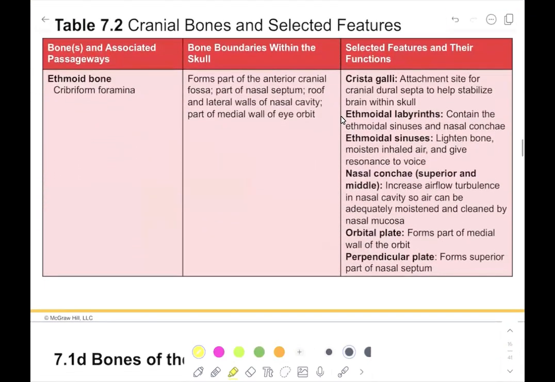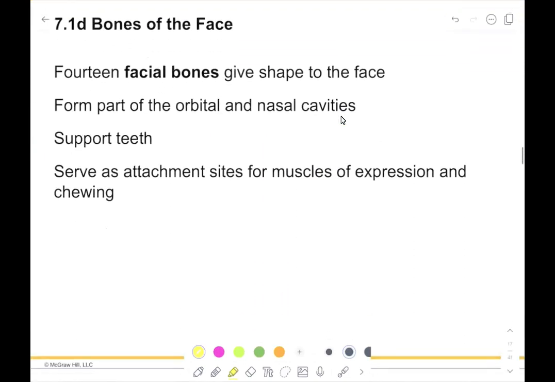For the ethmoid bone, you should be able to identify the crista galli, the nasal conchae, and the perpendicular plate. So when you make your index cards to study, you can shorten them to only have the specific parts of the slides that I've highlighted.